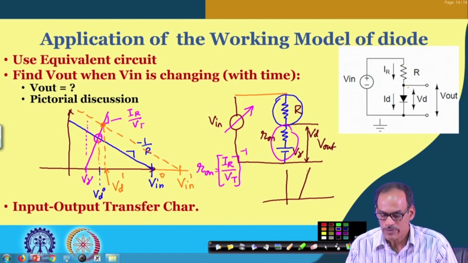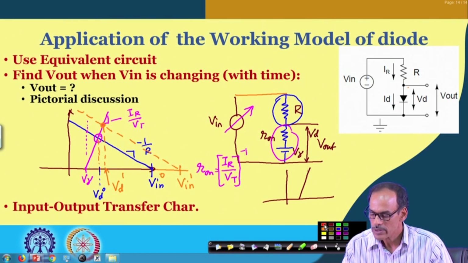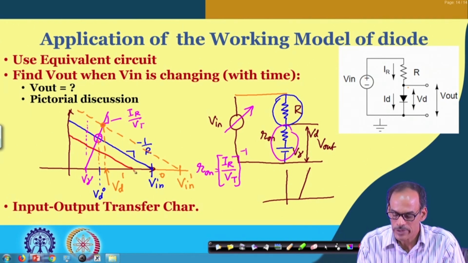Likewise, if the V in changes to a lower value with respect to the previous V in, the corresponding cutting point of the pull-up characteristic is shifted to some lower value called V in 2.